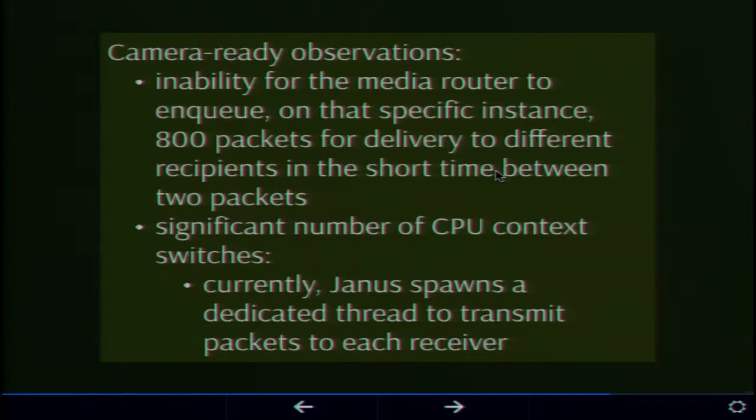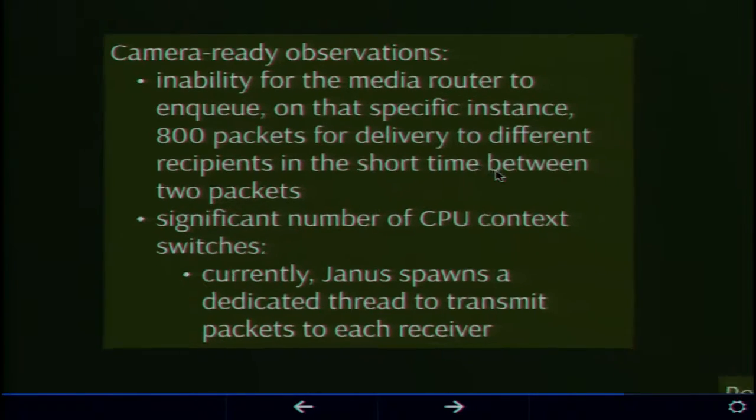At the time of the writing of the camera-ready version of the paper, our clue was that there was an inability inside our media server related to the routing of a significant number of packets for delivery to the different recipients that we are managing. And we tried to spot this out and to work on this in order to fine-tune our implementation.